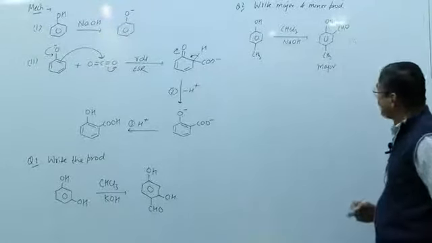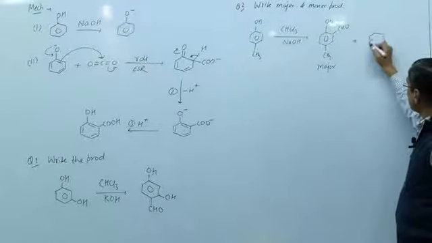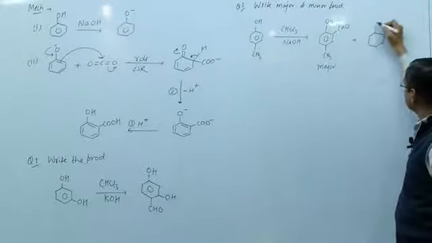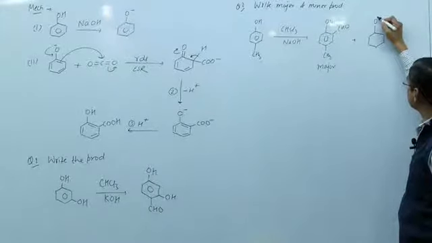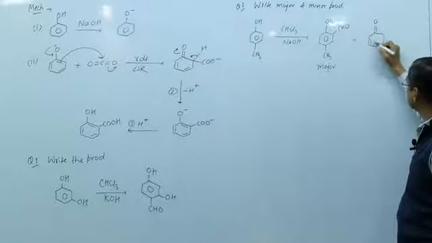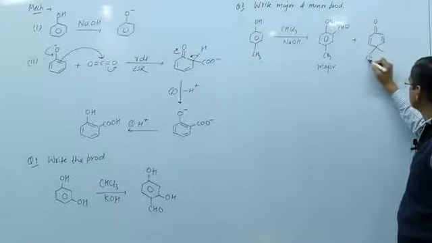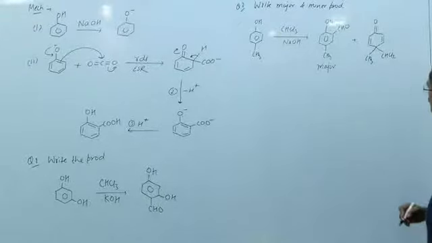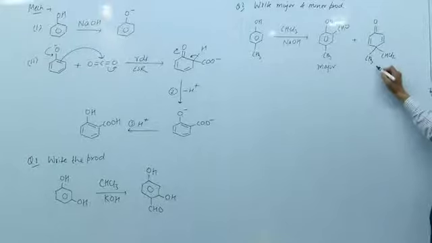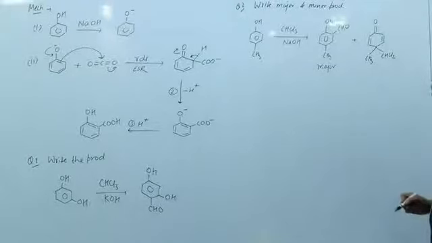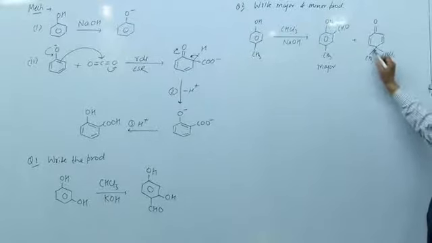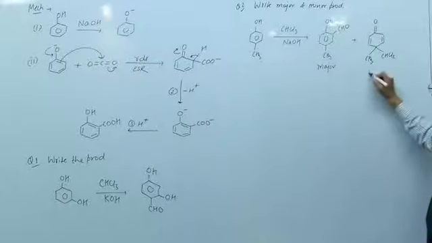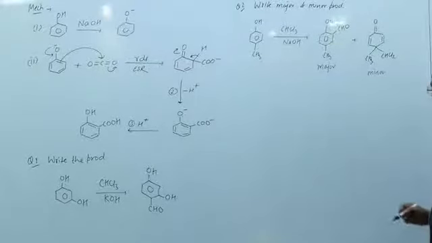But if the second product is obtained at para position like this, the hydrolysis of this compound is not possible, and aromatization is also not possible because hydrogen is absent at this para position. So this product is the minor product.